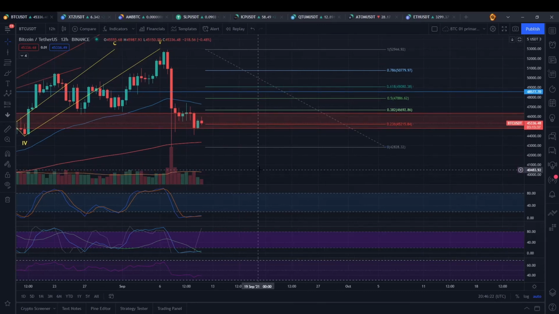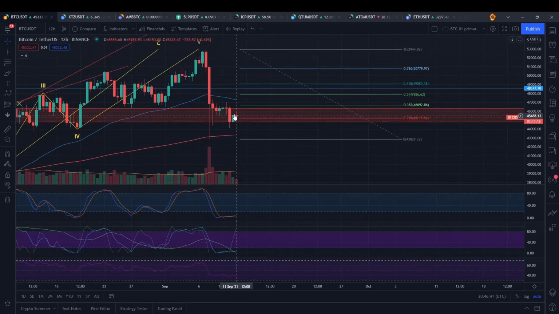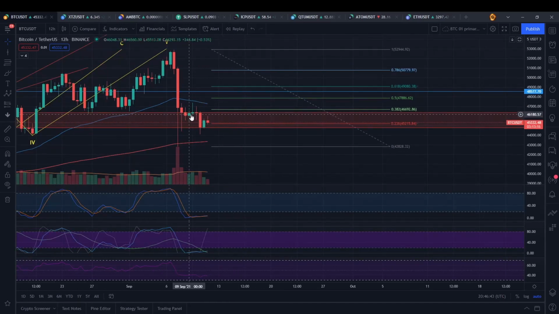Otherwise I would just take this signal as an indication that I shouldn't really open longs unless they are very safe on their own with proper stop loss and proper setup that I can read. But opening a long just to open a long, no, I wouldn't really open any longs while knowing that the Bitcoin can drop from here.